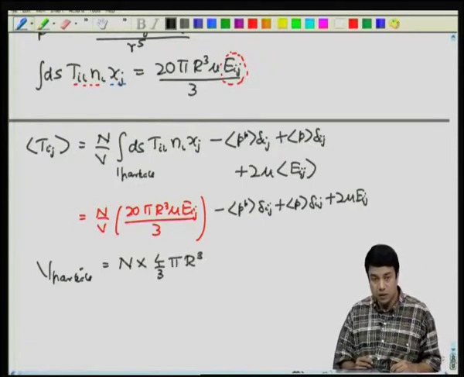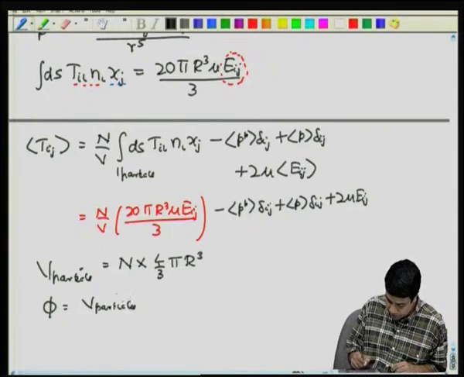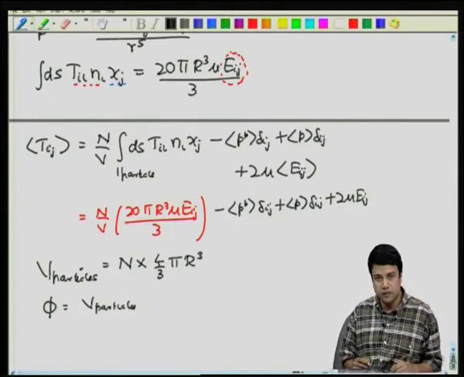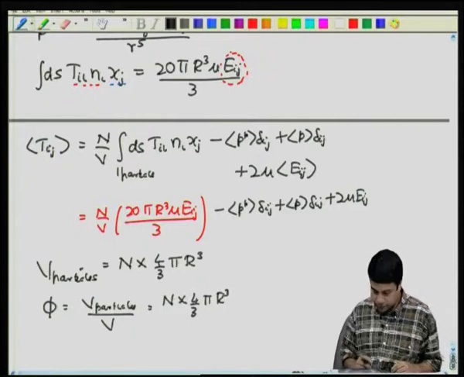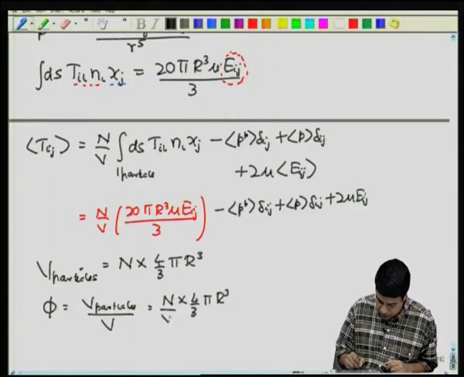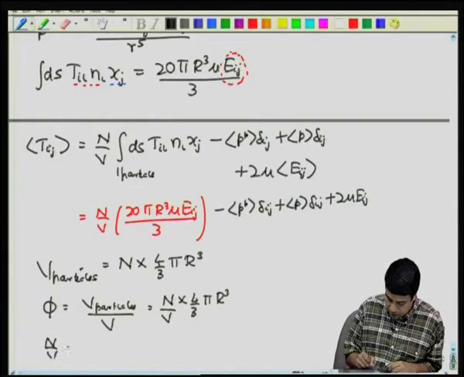Therefore, the volume fraction, which I will call phi, is equal to the volume of all the particles divided by the total volume, which is n into 4 by 3 pi r cubed, which means that n by v is equal to the volume fraction by 4 by 3 pi r cubed.